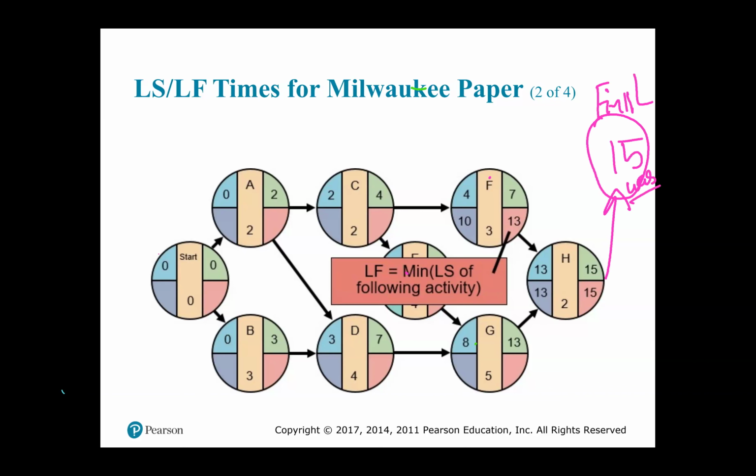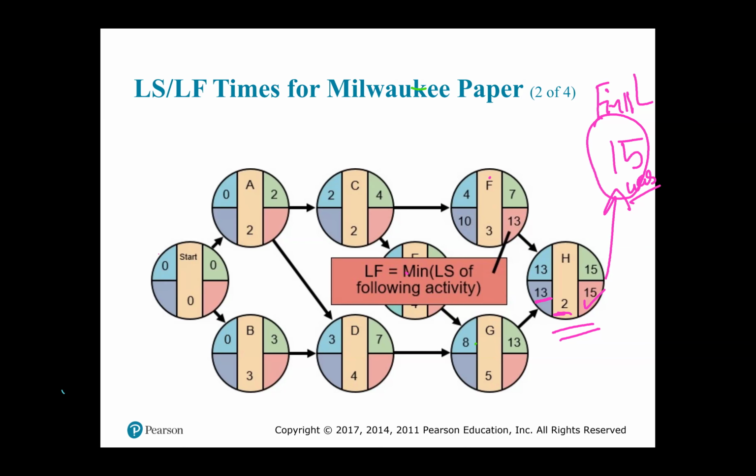So now, you have completed H. You have the late finish. You subtracted the 2. You got the 13. Now this 13 from H is now going to become the late finish for activity F. Why?